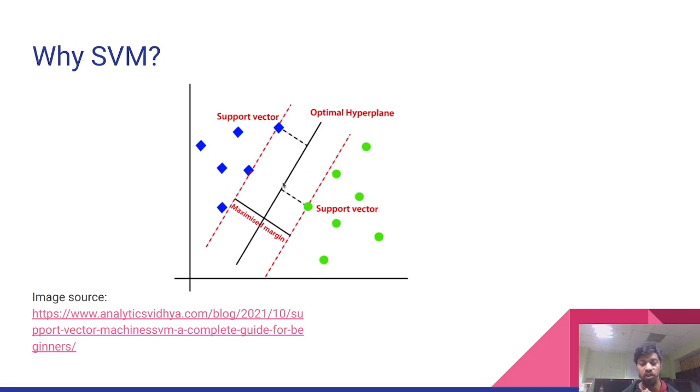Because if the line is here, then the distance will be more from here, but less from there. So if we choose the midpoint, it is at equal distance from both the classes. Again, this is in 2D.